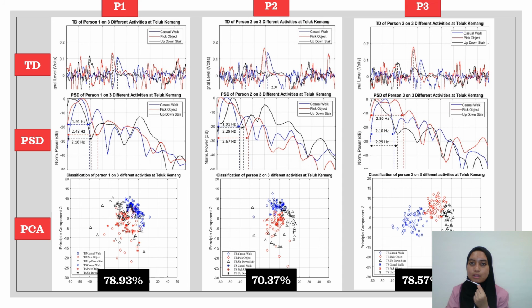The result at Teluk Kemang is not good compared to MyApps and Kampung Yalas due to many interferences, for example big buildings and others. Therefore, the distance between the transmitter and the receiver is quite far at Teluk Kemang.